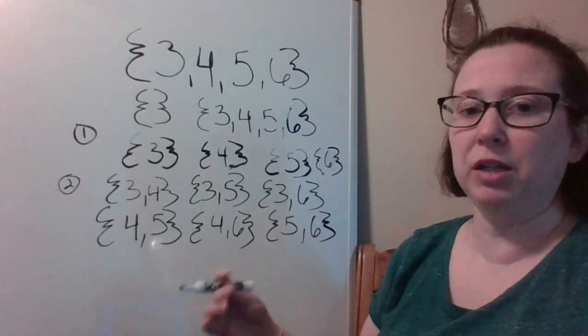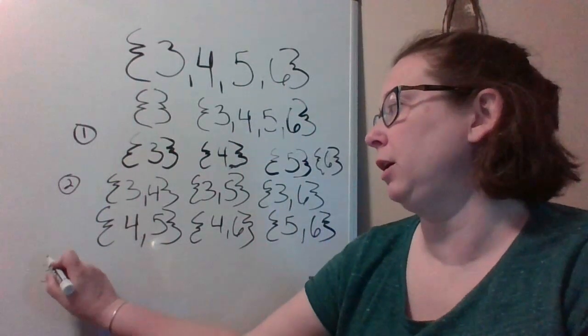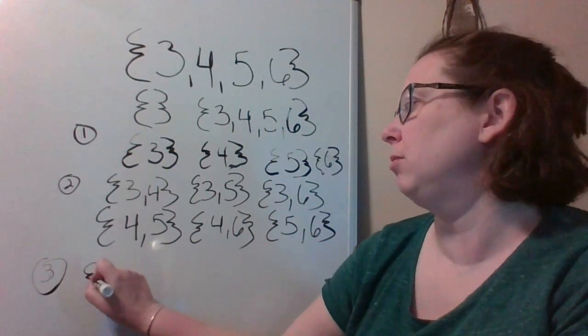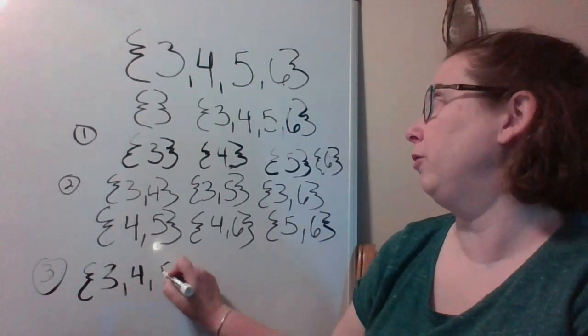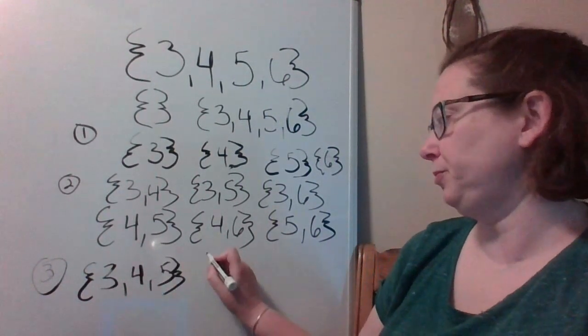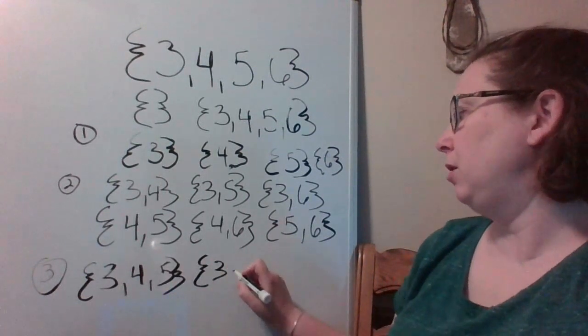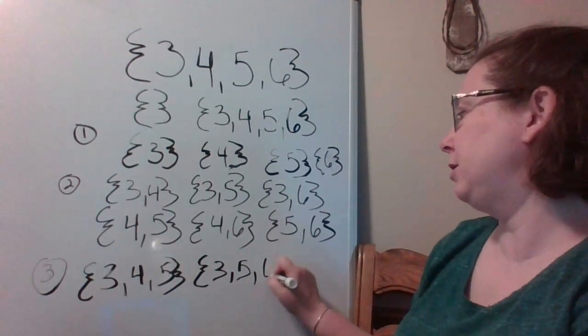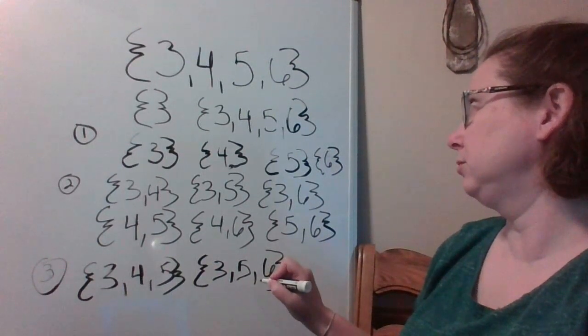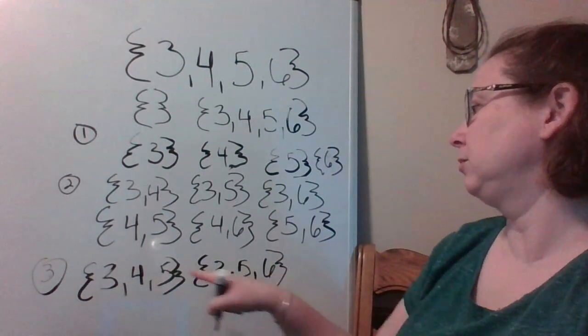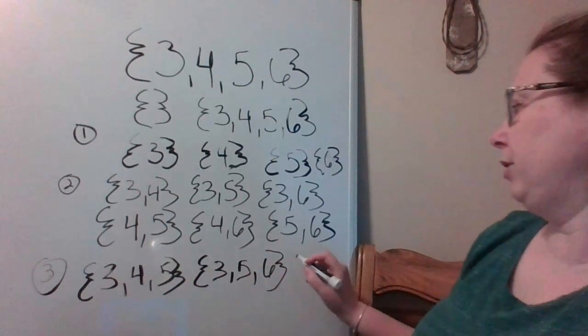And now I need to think about those subsets with 3 elements in them. So I would do 3, 4, 5, 3, 5, 6, 3, 4, 5, 3, 5, 6.